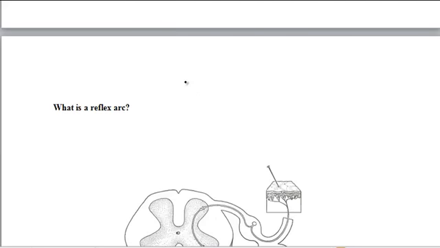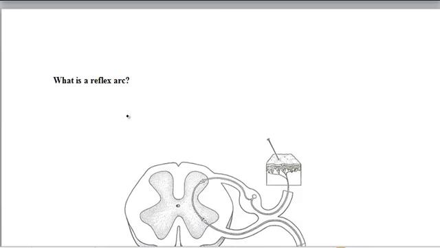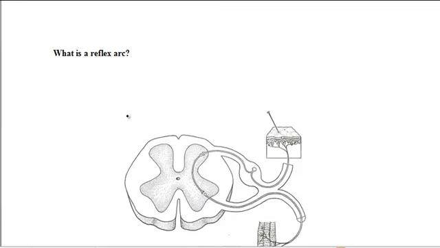Now that we understand the basic structure of neurons, there's this concept of a reflex arc. And a reflex arc involves the various neurons we've talked about. So what is a reflex arc?